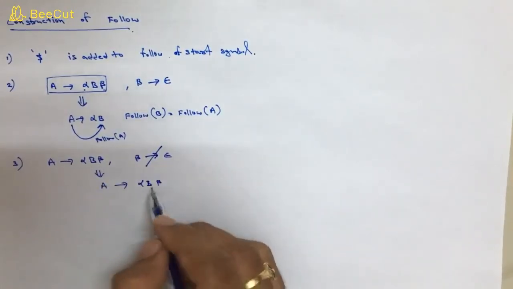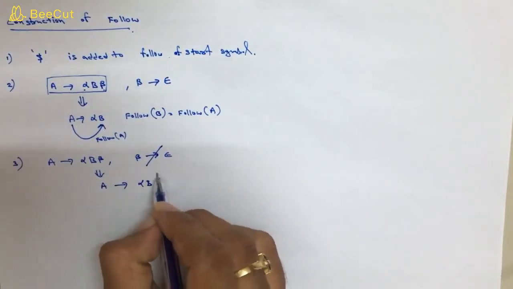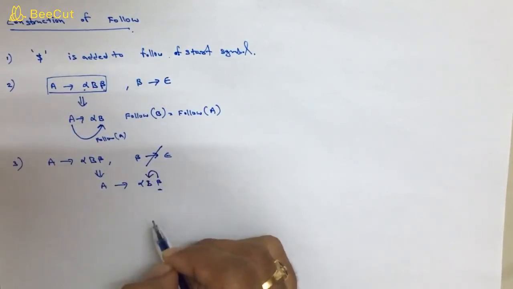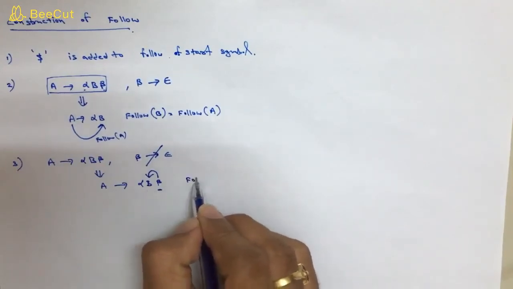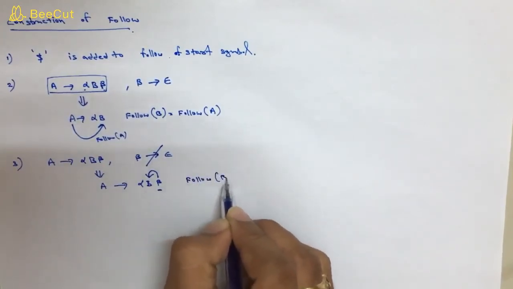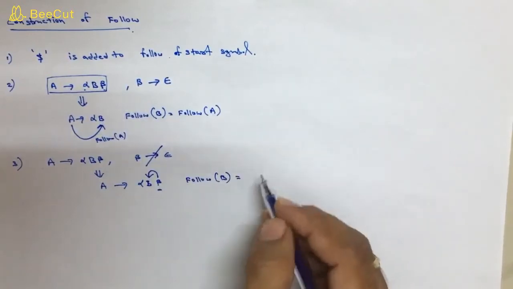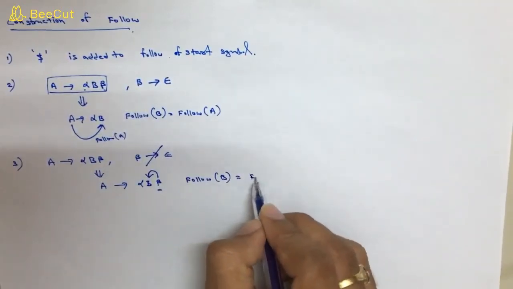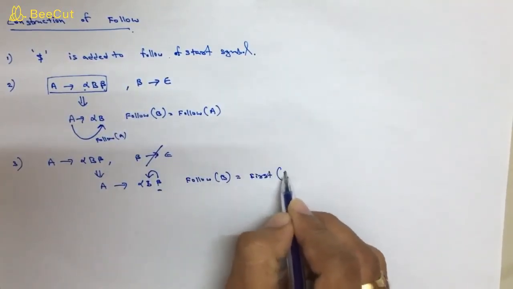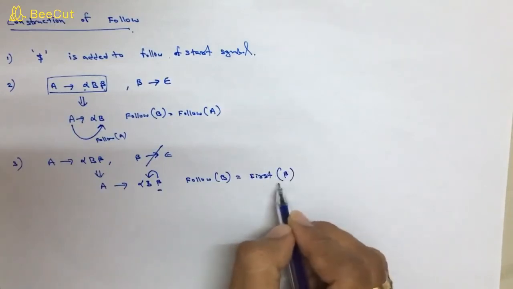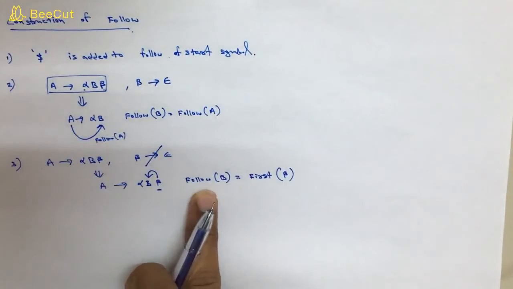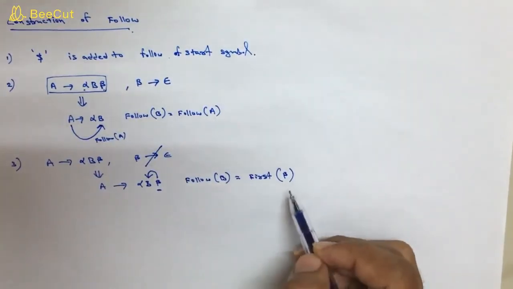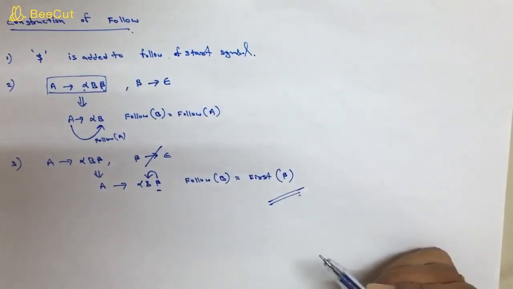In such a case, find the first of beta, then add all the non-epsilon symbols to the follow of B only. That means follow of B contains the first of beta, and epsilon is not added to the follow of B itself. So these are the rules for constructing follow.